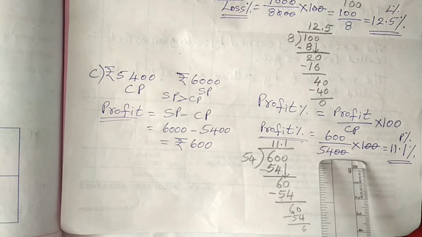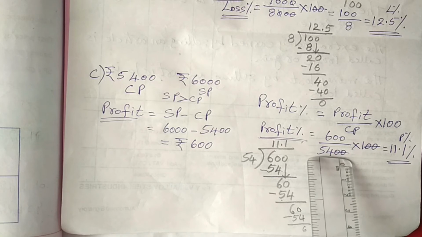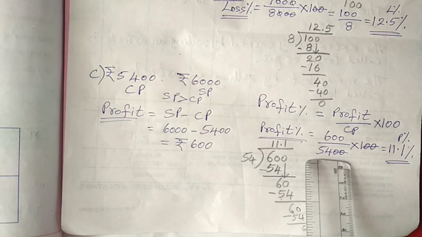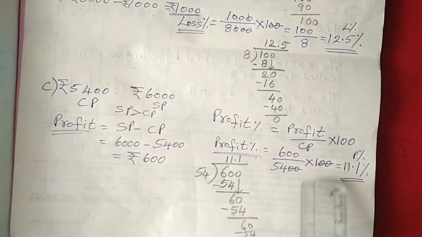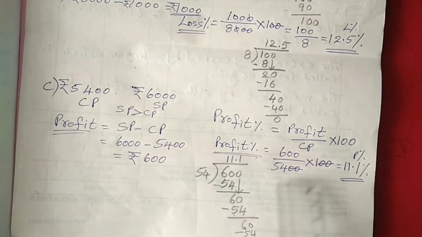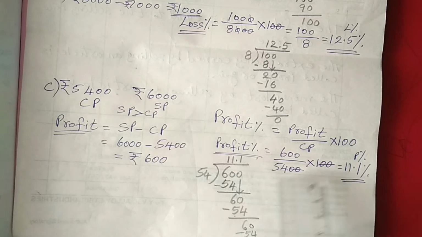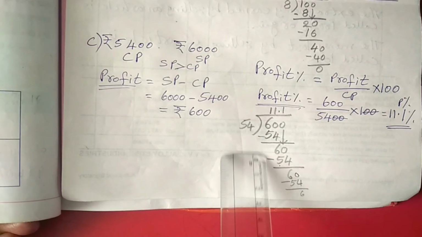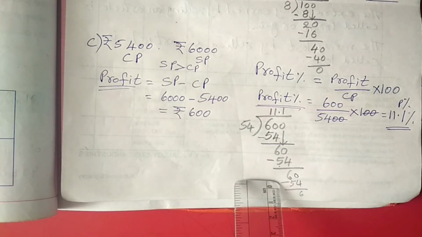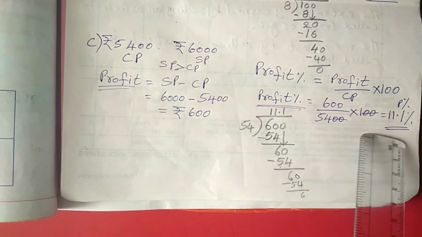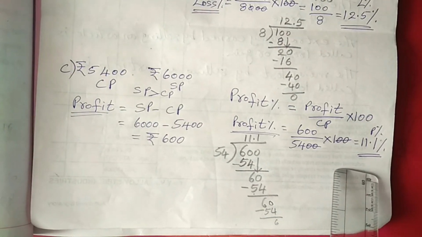So here profit is 600, by cost price, which is 5,400, into 100. Now cancel the zeros over here. And 600 by 54. Now see here, I have done a working column for you. How it goes. So at the end I got the answer as 11.1%.